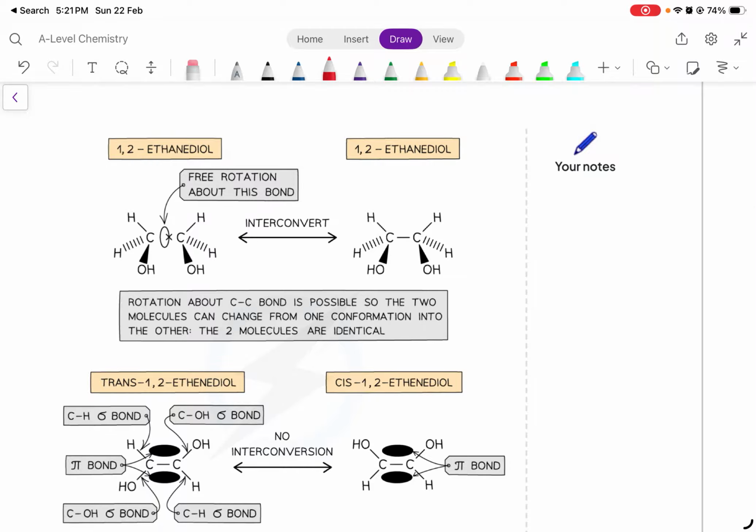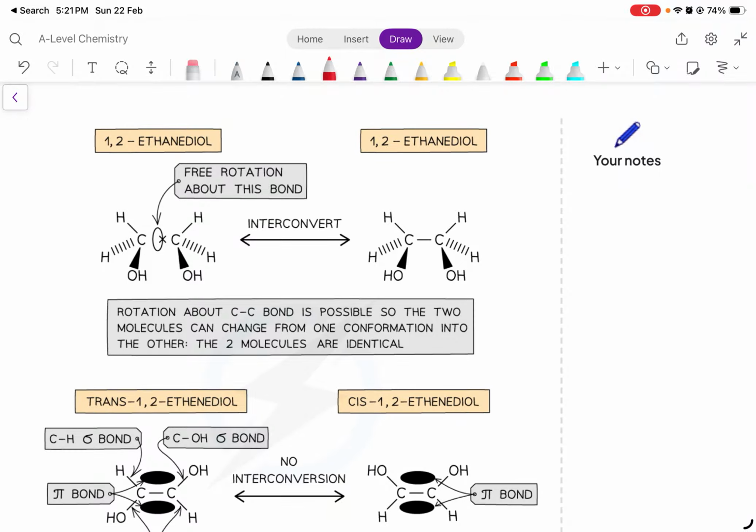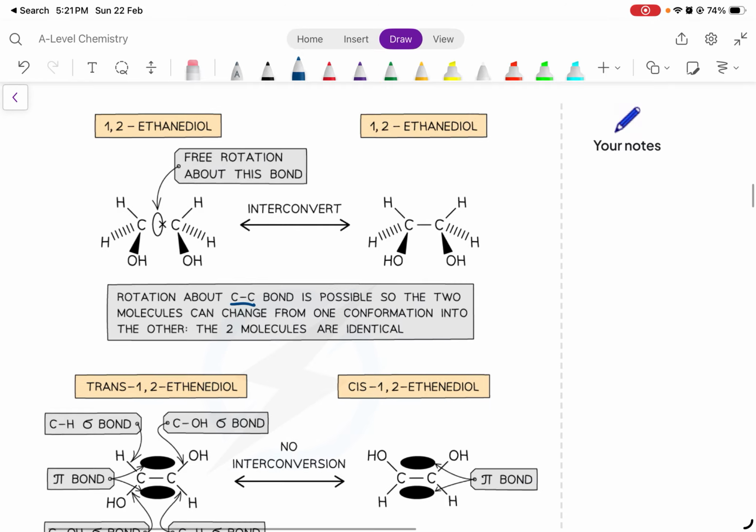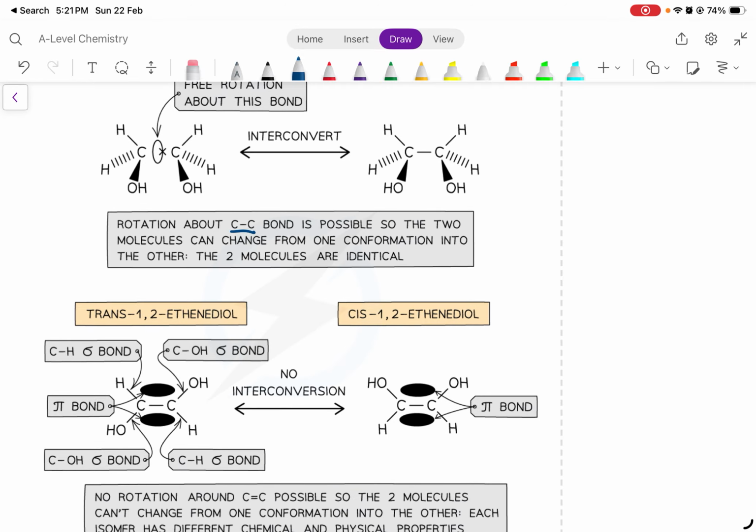So here we can see there is a free rotation. See? It's a free rotation around the C and C bond. So there are two of them that can be transited, hence we can change it into trans. So it transfers from here to here.